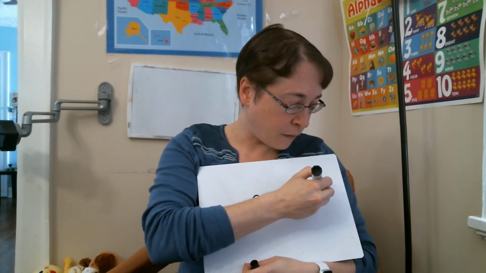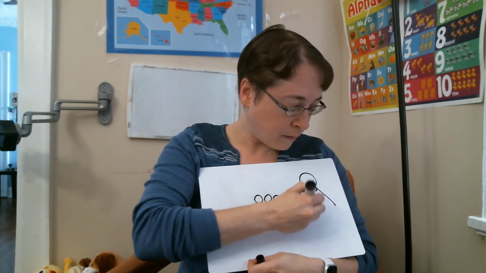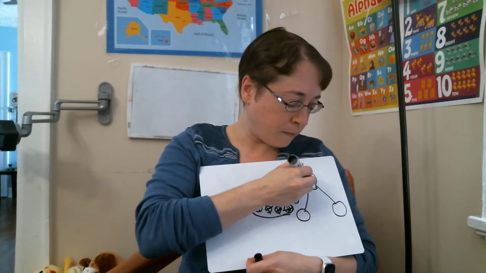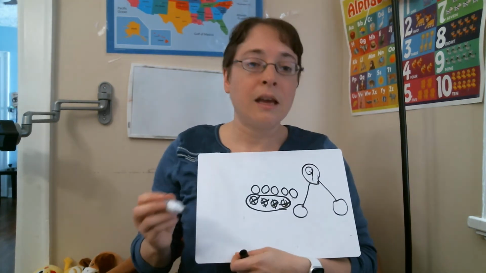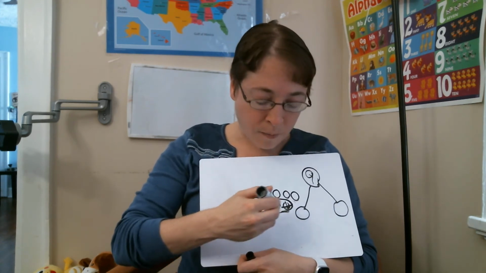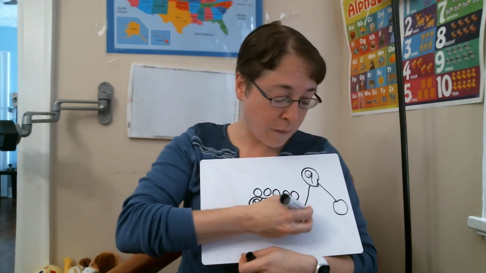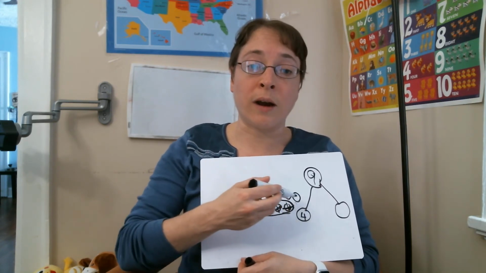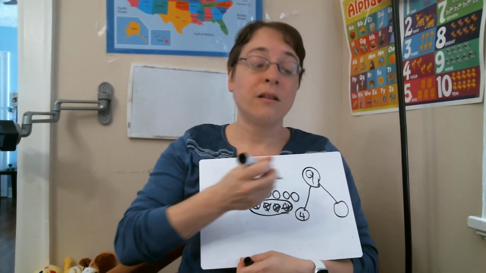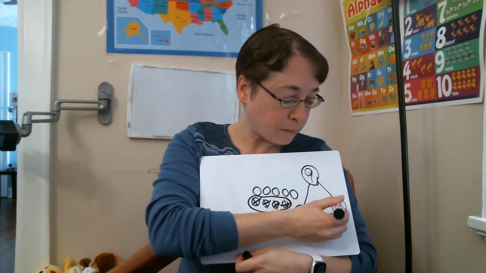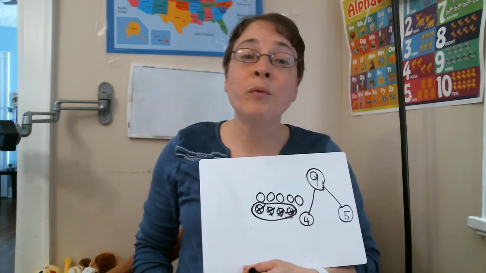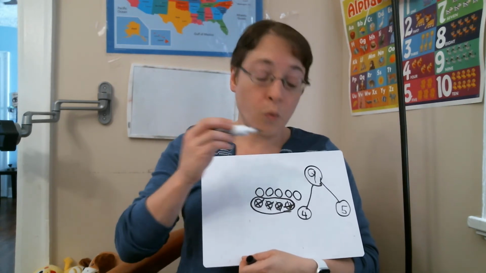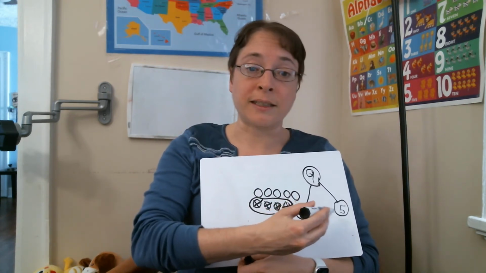Remember, the number that goes at the top is the whole. And then how many are white? 4. How many are not white? 5. So if we want to find out how many are not white, which number are we going to cross out?